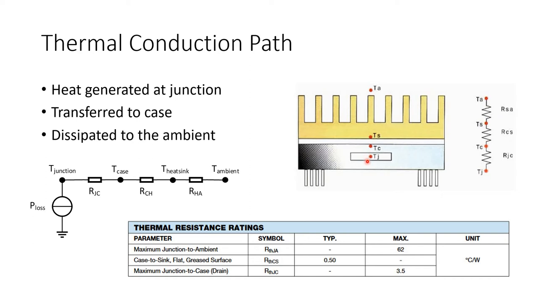It is specified in the datasheets, but what we can change, after this point, is case to heatsink thermal resistance and heatsink to ambient thermal resistance. Again, what we are trying to do is minimize this total thermal resistance so that we can have a cool junction temperature to safely operate our switching device.